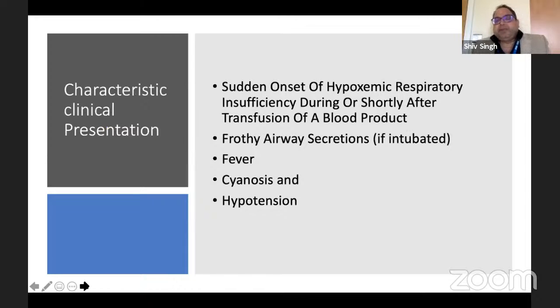Patients usually present with sudden onset of hypoxemia and respiratory insufficiency, happening during or shortly after transfusion of blood products, such as FFP, platelets, or plasma. Patients who are intubated can have frothy airway secretions, just like pulmonary edema. They can have fever, cyanosis, and can present with hypotension.